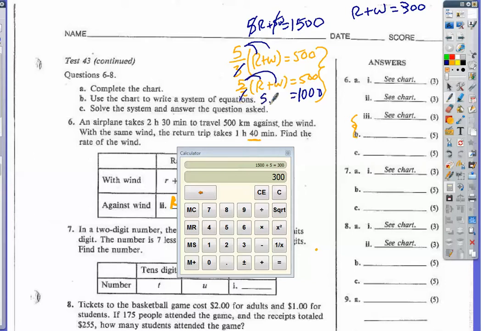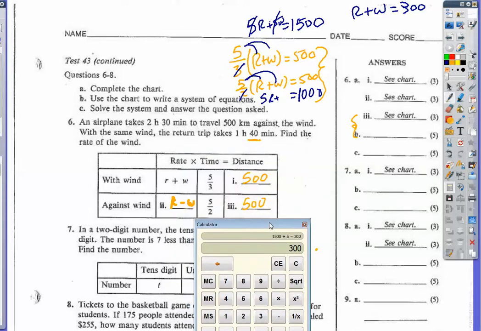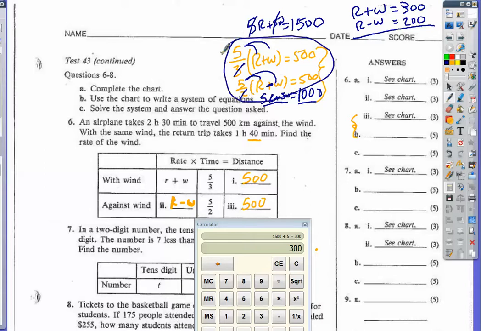So I get 5r plus, oh my goodness, that's not a plus, that's a minus 5w, so divide by 5. So 1,000 divided by 5 is 200, is equal to r minus w. So there are my 2 equations in simplest form. Incidentally, if you did these 2 equations, you'd get full credit too.